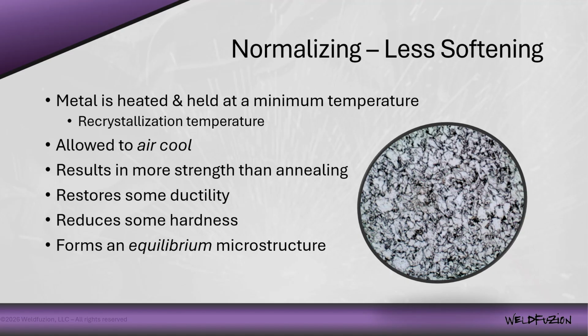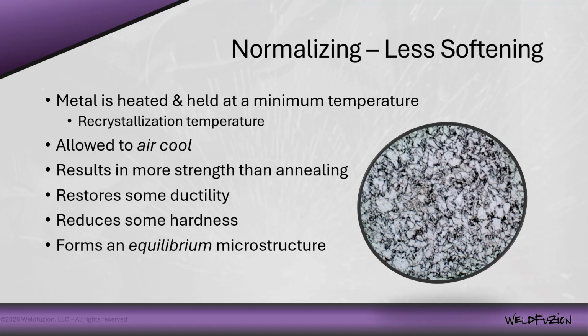Okay, normalizing is basically the same thing as annealing, right? You might order some 1018 carbon steel in the normalized condition, which has been allowed to cool to room temperature, right? Not in an oven. So potentially it cooled at a faster rate, and it might not be as soft as a full anneal, and it's probably going to have just a little higher strength and a little higher hardness as a result of the slightly faster cooling rate.